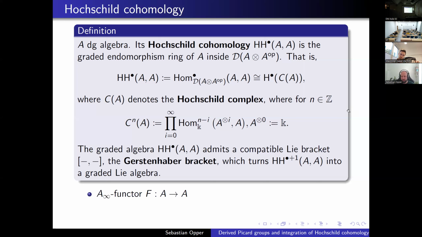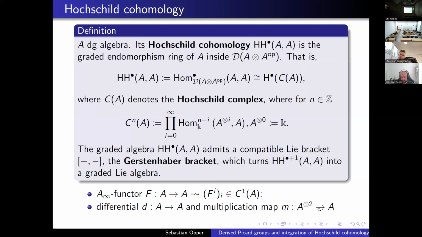And then in this framework of the Hochschild complex, if you have an A infinity functor, you had these components, F_i, which were just some multilinear functions. Because the n here was basically 1, if you maybe recall the definition, this defines an element in the Hochschild complex, if I take all of these combined as one element. I can also do something similar with the structure maps of my DG algebra. A DG algebra consists of its differential and its multiplication map.